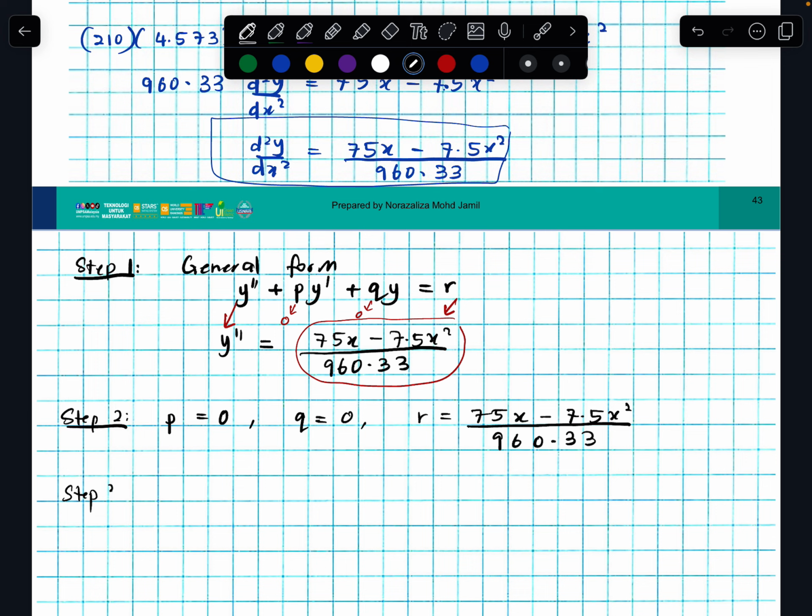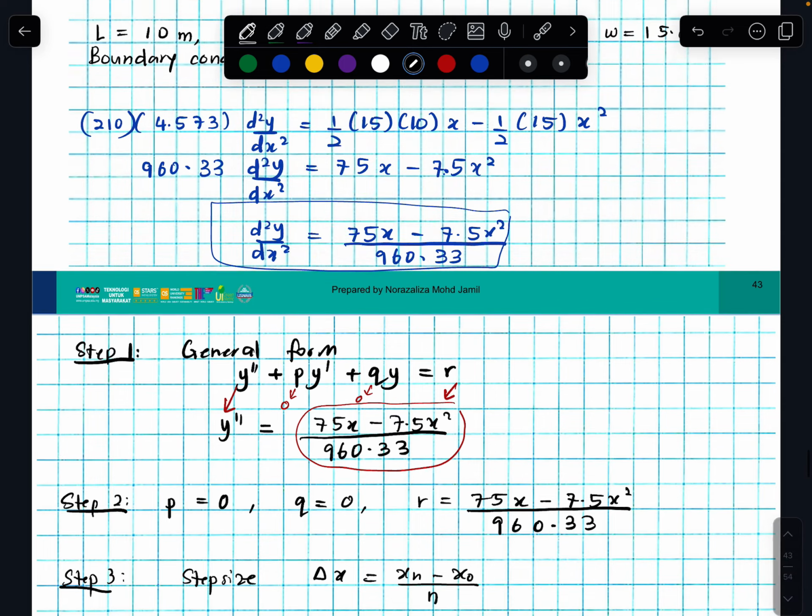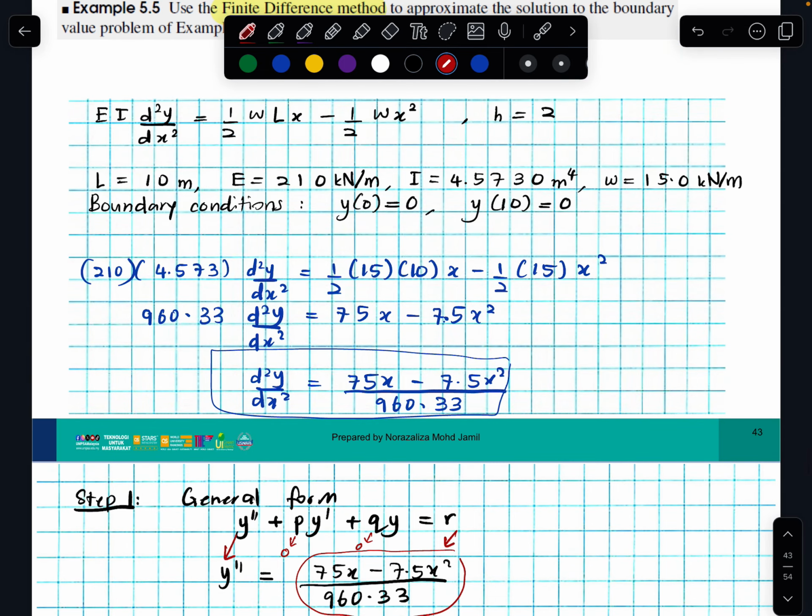Step 3 is find the step size. We already have the step size actually. We want to know the number of intervals. The step size formula is this. The step size is given as 2. Xn, what is Xn? What is X0? The first value inside y is X0 and this one is Xn.